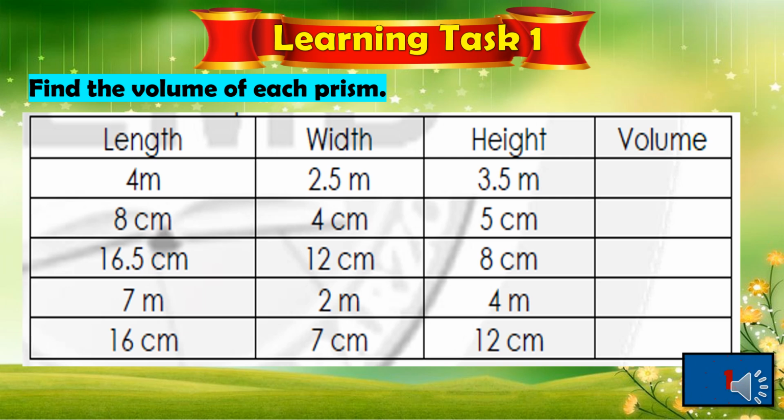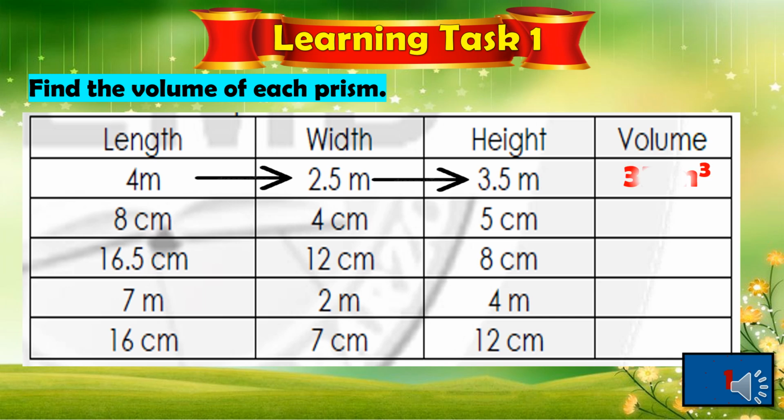Okay, so let us now find the volume of each prism. What we are going to do is, again, use the formula V equals length times width times height. So we have to multiply 4 meters by 2.5 meters and 3.5 meters.